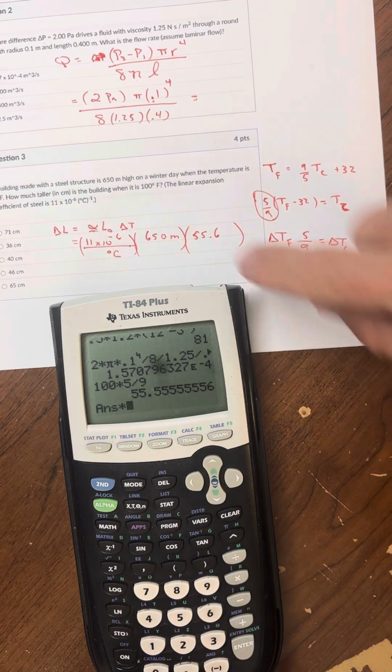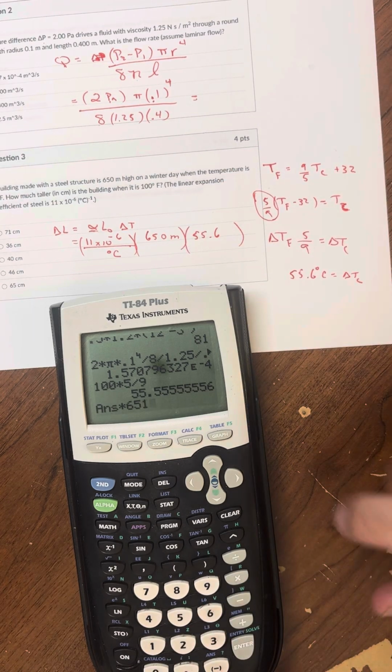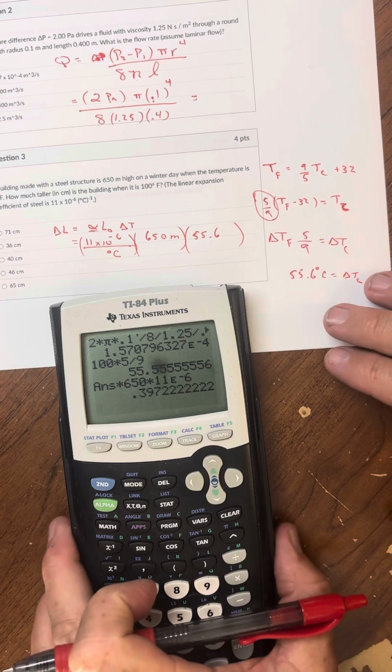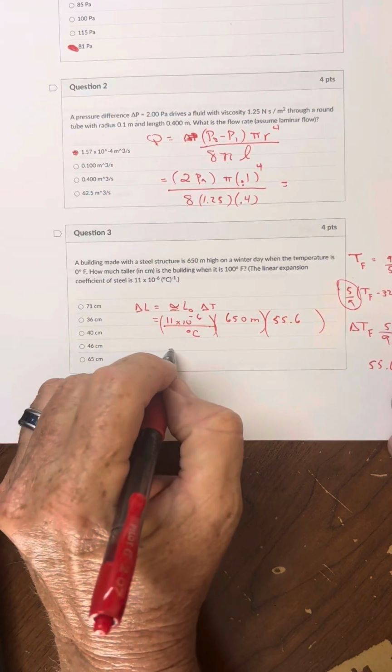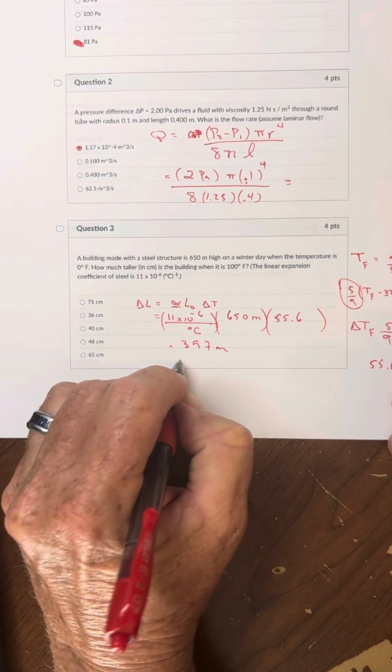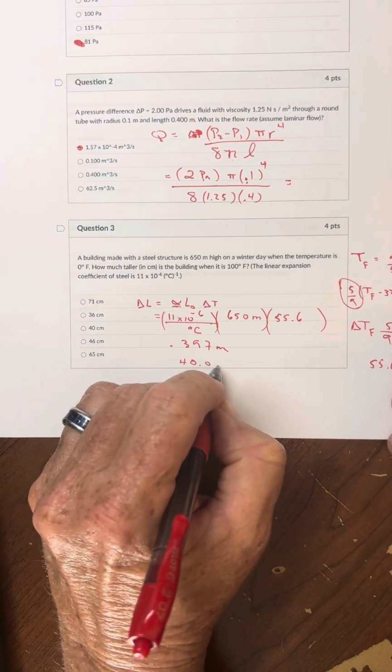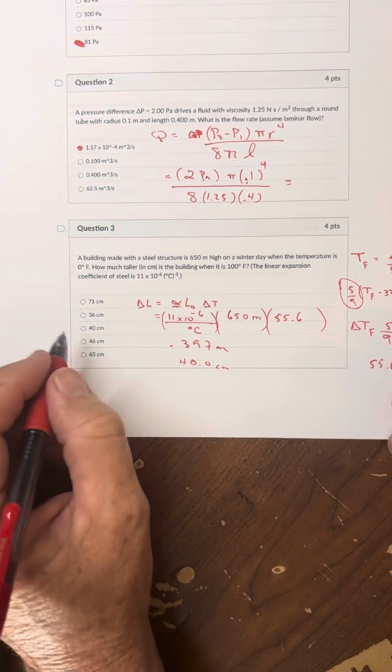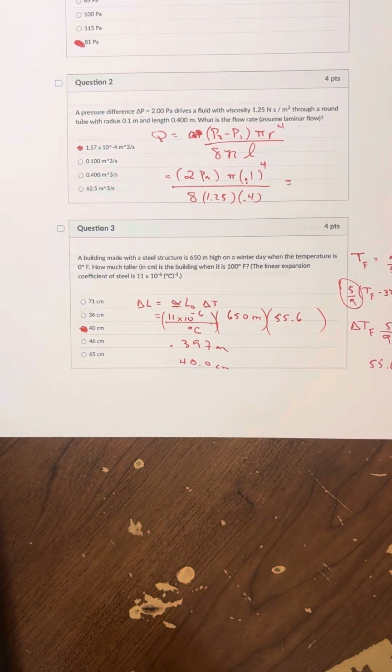So then if I multiply that by the 6.5 and multiply that by the 11 times 10 to the negative 6, I get 0.397. And of course, this is meters. So if I round it, that's about 40 centimeters, which is our answer for number 3, which would be a C here. Okay, good.